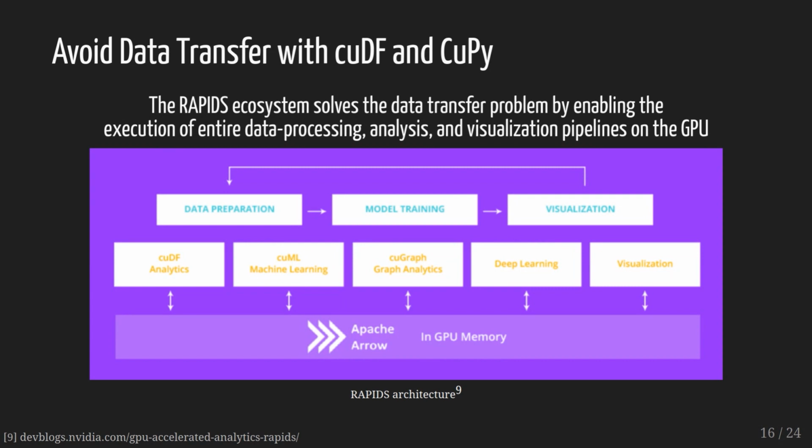Then, functions can be written that input and output these GPU data structures. This makes it possible for libraries like cuML and now Datashader to be used in sophisticated data processing pipelines without repeatedly transferring data to and from the GPU.